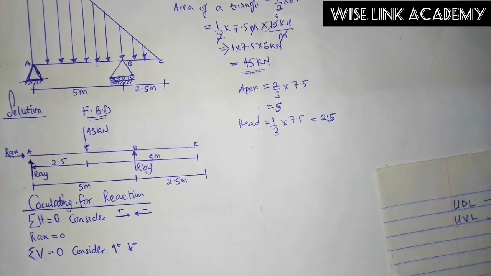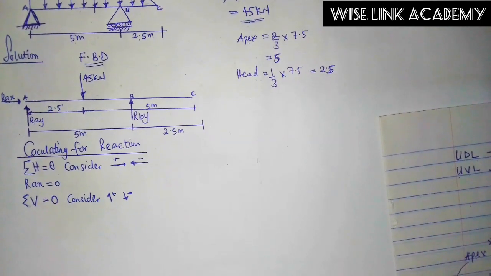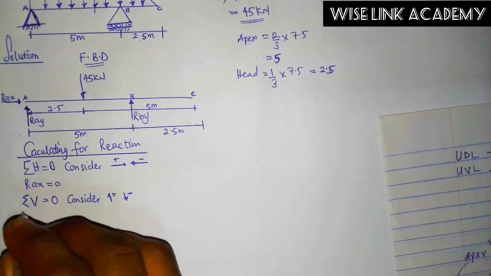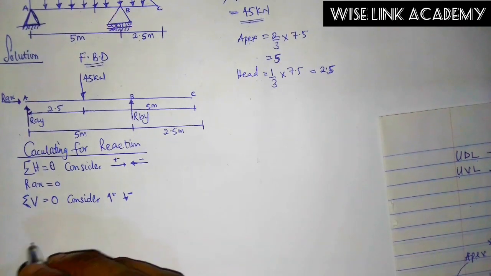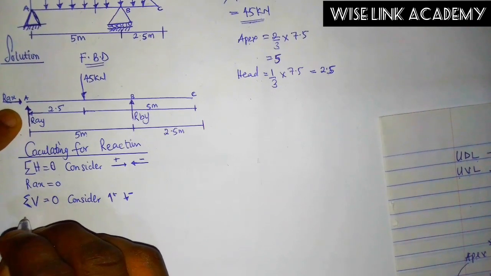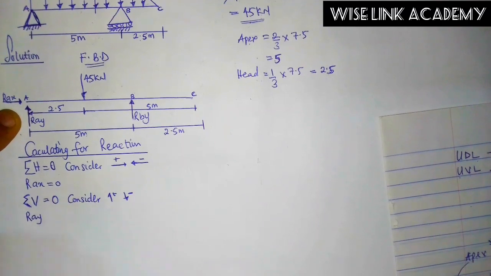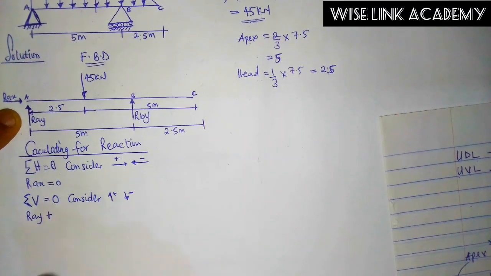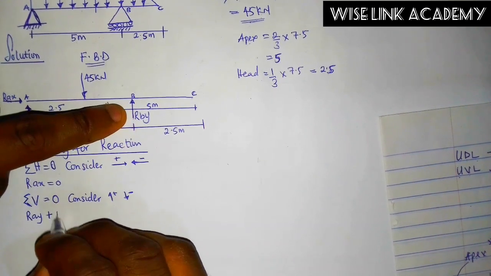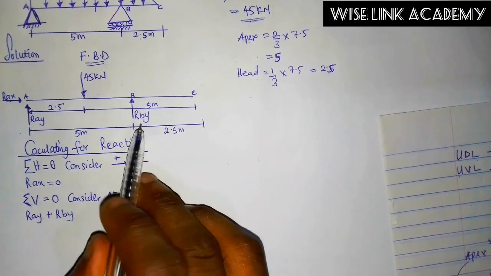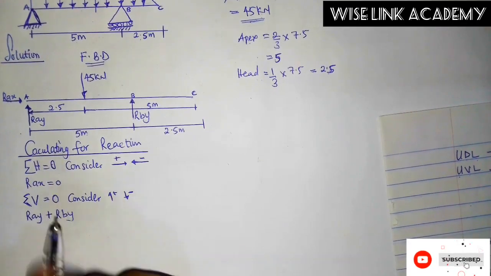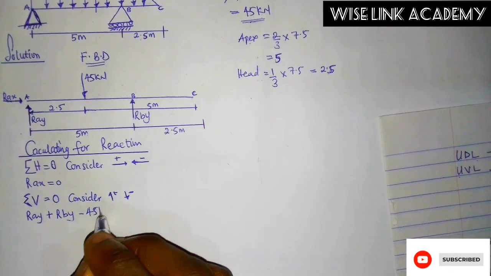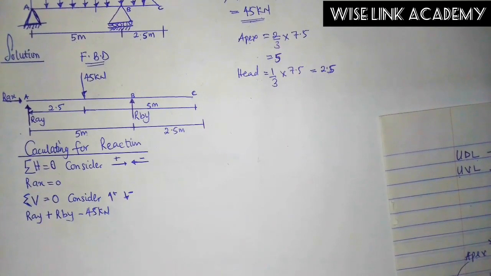If I work on this, I'll be having this vertical component, that's RAY, plus another RBY, this one too is vertical, minus 45 kilonewton, is equal to 0.